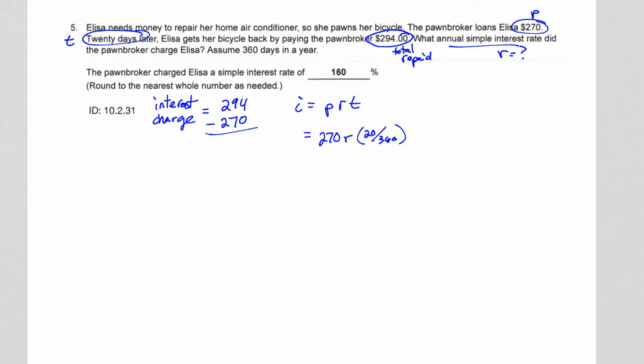Well, that means that the pawnbroker charged her $24. So this is I. We're going to put that right here where the I goes. Then we're going to clean this up. So all that is just 15R. Divide both sides by 15.